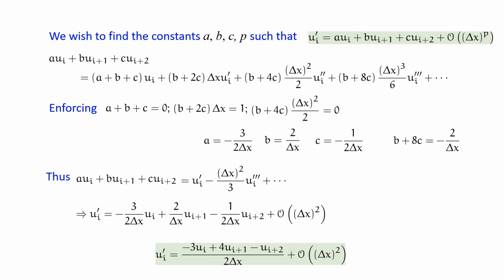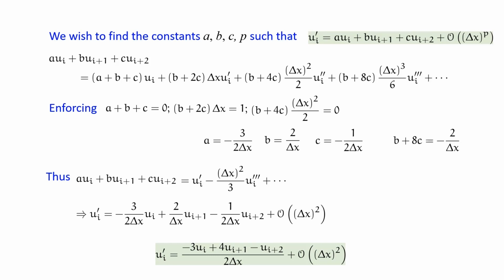Now we see that we can create forward difference with u i plus 1 and u i plus 2, and we can have a second order accurate scheme. So we have a forward difference scheme with second order accuracy, which we didn't have before.